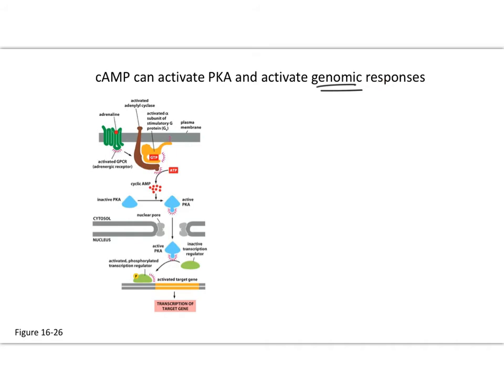This is looking at the response in neurons to when adrenaline is bound to the activated GPCR, which is the adrenergic receptor. So same receptor as we saw on the previous slide, however, this is in a different cell type, and so then we're going to have different enzymes that are available in the cytoplasm, and that's going to determine what the effects are.